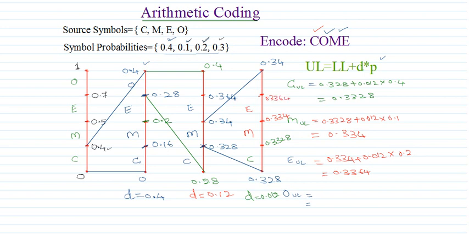Then finally, for the upper limit of O, you have 0.3364 plus 0.012 into 0.3, which gives me 0.34. That is this 0.34. Thereby we have completed all the stages of simplification.